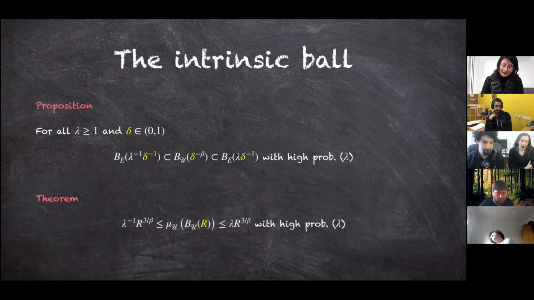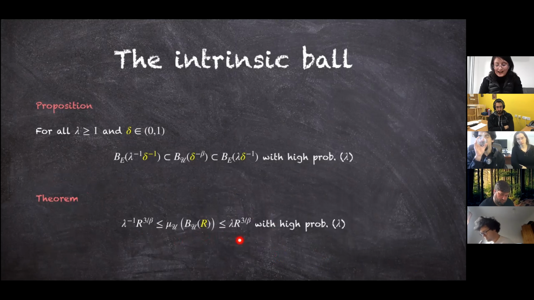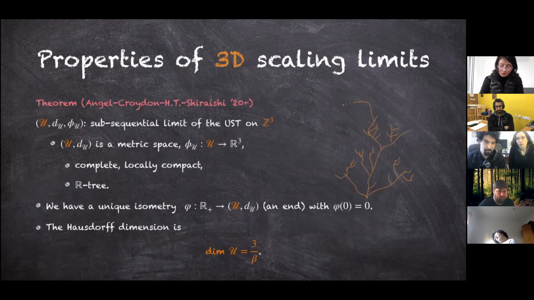And under a rescaling, the volume of an intrinsic ball of radius r is bounded above and below by r to the 3/beta. And we can upgrade these to uniform estimates for the balls of the uniform spanning tree. And from there, we are able to compute the Hausdorff dimension.